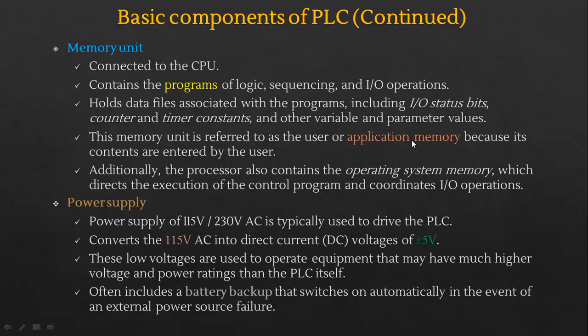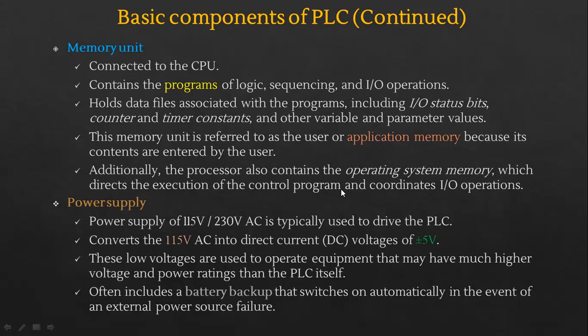So here also, you have a separate classification in memory: application memory or user-based memory, and operating system memory dedicated for the operating system, so that it executes all the programs written for it. For example, how should the equipment know that it should check the status of the inputs, scan them, and then execute the output?